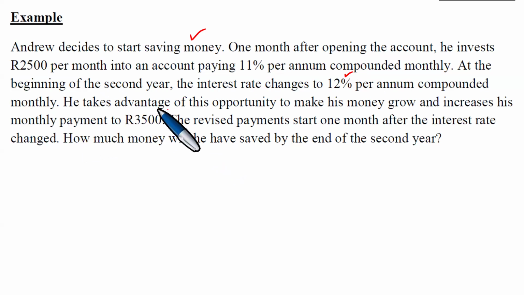He takes advantage of this opportunity to make his money grow and increases his monthly payment to 3,500. The revised payments start one month after the interest rate changed. How much money will he have saved at the end of the second year?